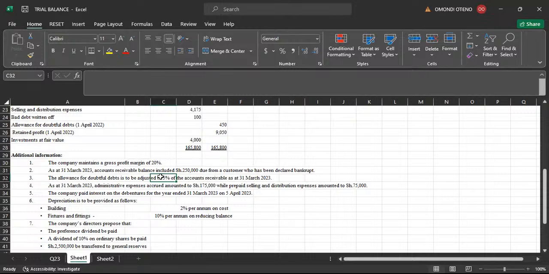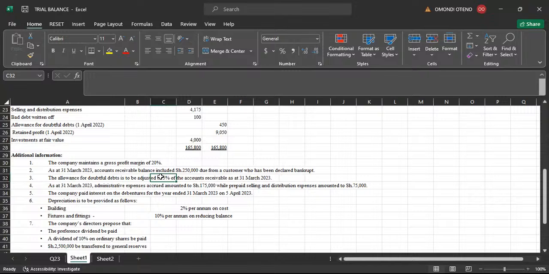So what are we doing? It means as at the last day when the financial statements were prepared, these people are not paid the interest on debentures, and therefore it becomes an accrued expense. So it will be there in the income statement as an expense, and also in the statement of financial position as accrued liability or accrued interest.